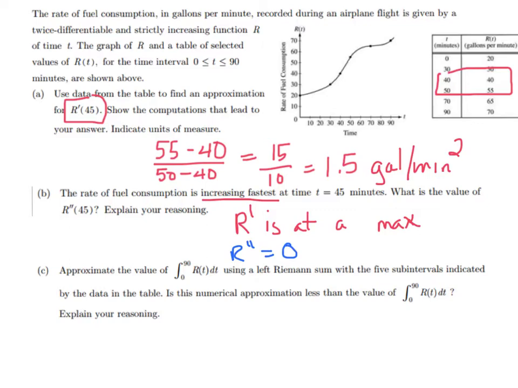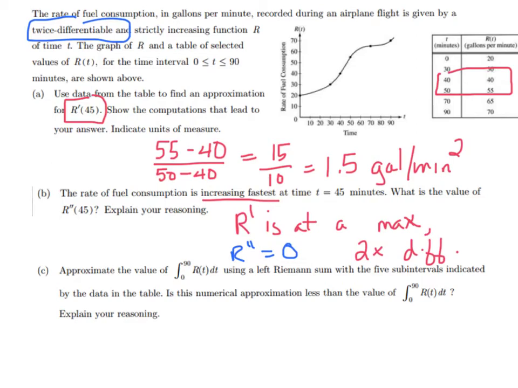And to explain your reasoning, you would just say, since r prime is at a maximum, r double prime must be 0. And that really goes back to the fact that it is twice differentiable. We're not going to run into any issues with a cusp or corner or something like that. You might want to say that in your answer: r prime is at a max, it's twice differentiable, something like that.